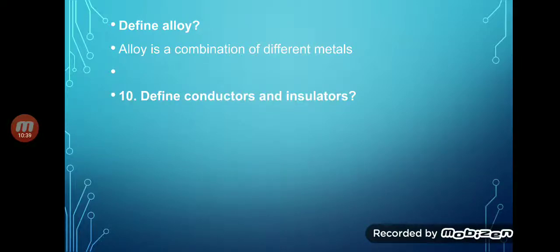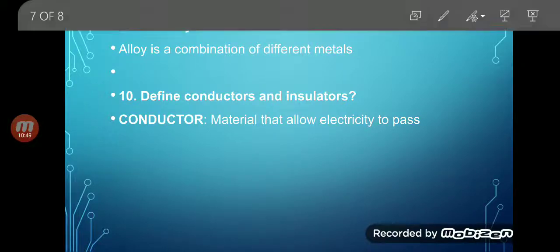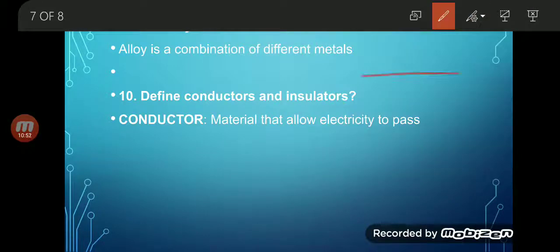Define conductors and insulators. What is the meaning of conduct? Conduct means to let pass through. For example, there is a water pipe and water is flowing through it, which means this water pipe is letting water pass through it. So this water pipe is a conductor of water.